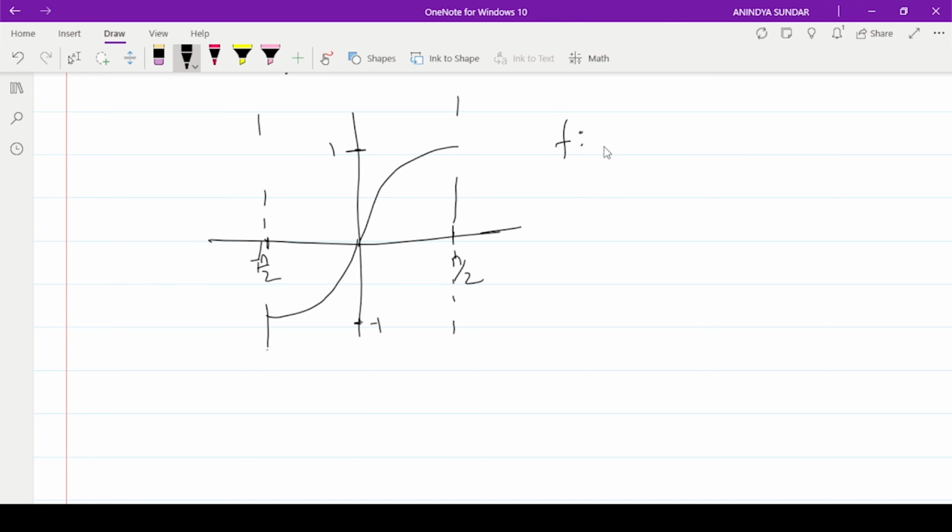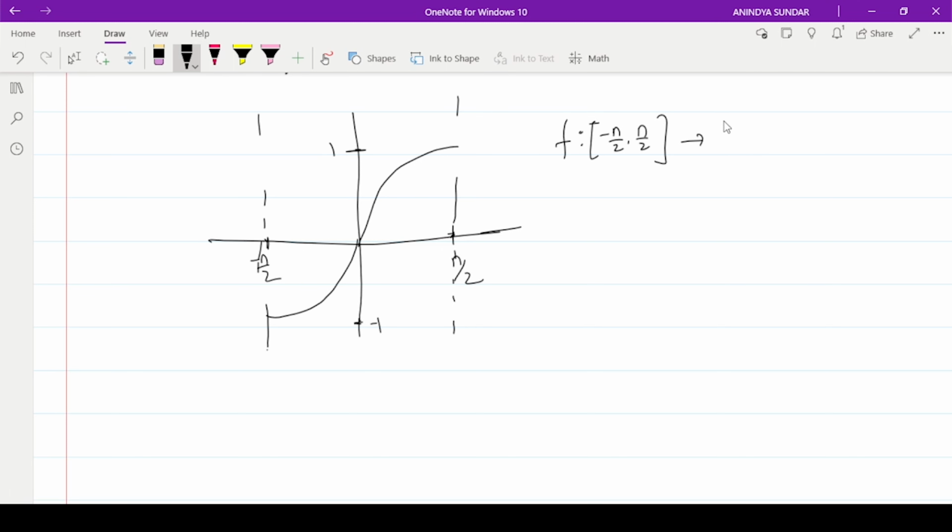Now what is my domain? My domain, you can see from the picture, is minus pi by 2 to pi by 2, including these particular points. And what is my codomain? If the codomain is R, then it will not be the same as the range.